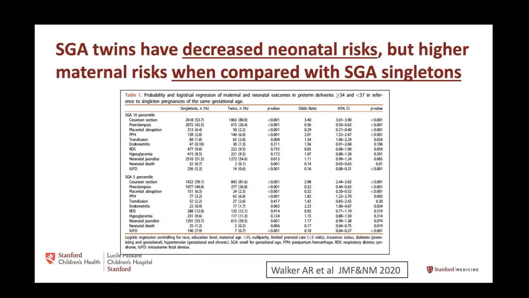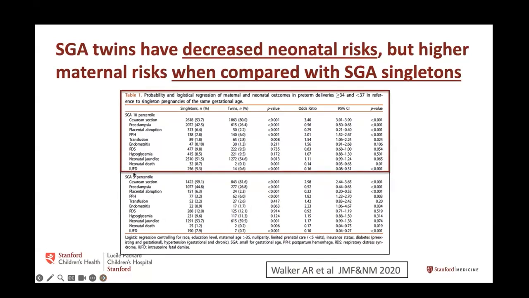So essentially, this particular study highlights that when we diagnose SGA in twins, there seem to be decreased neonatal risks but higher maternal risks when compared with SGA in singletons. What do I mean by that?